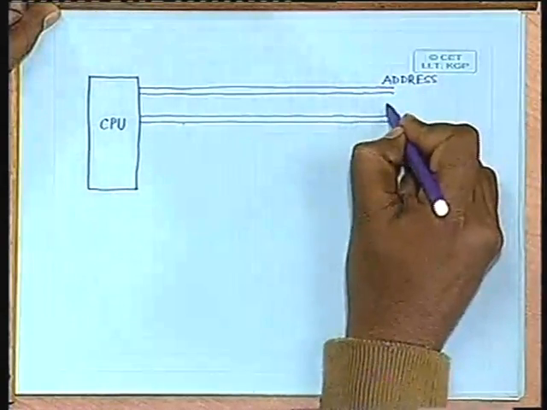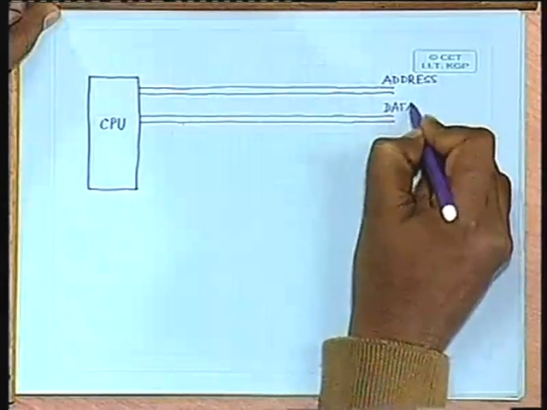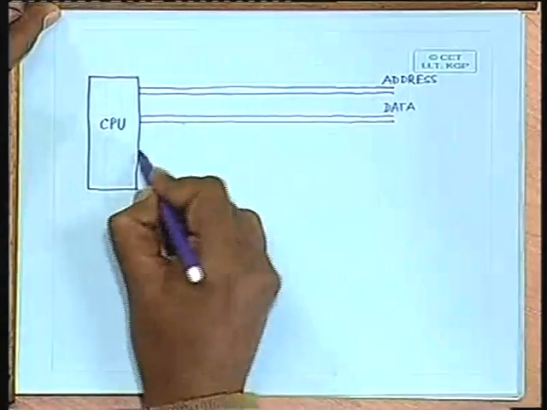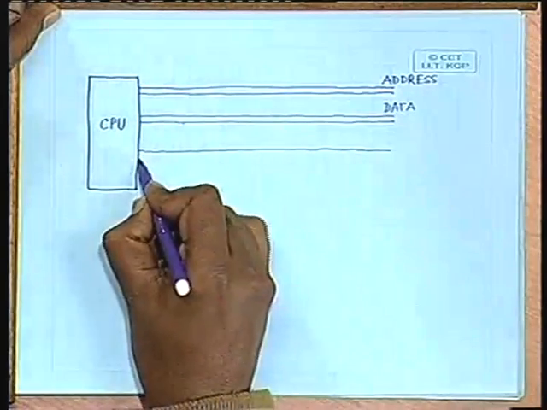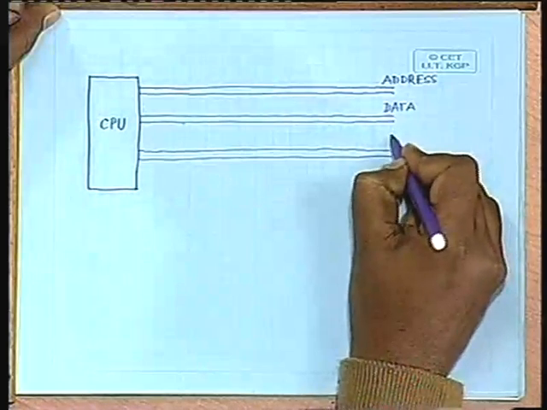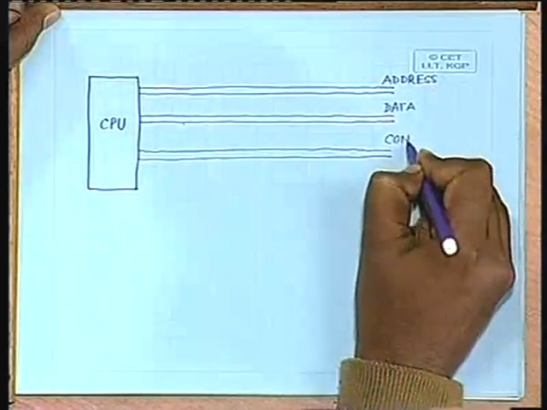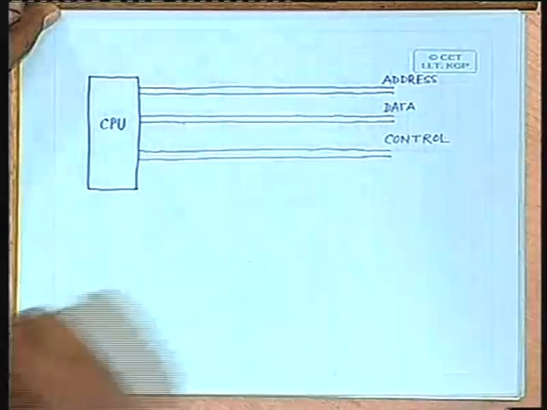A set of such pins is called the data lines or data bus, and we have some more set of pins which generate or provide the control signals.